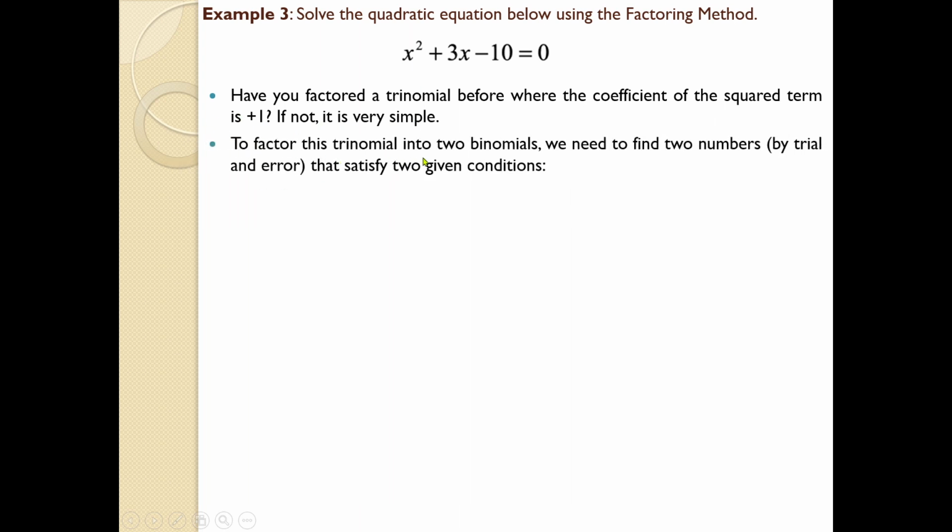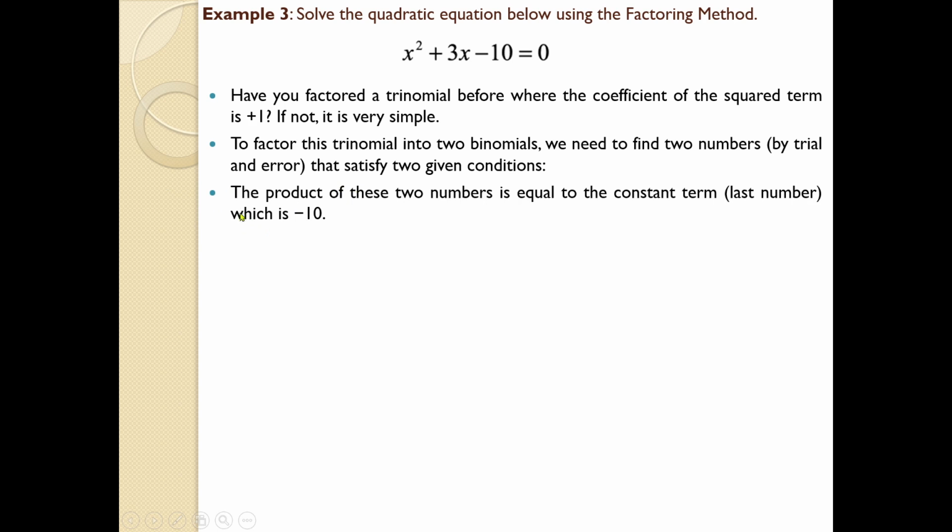To factor this trinomial into 2 binomials, we need to find two numbers. 2 binomials means simplifying this into 2 binomials. That is, here it is x raised to 2, so bring down this power to a single value. So remember, this is the main step. When you come across a quadratic equation, the solution will have two values.